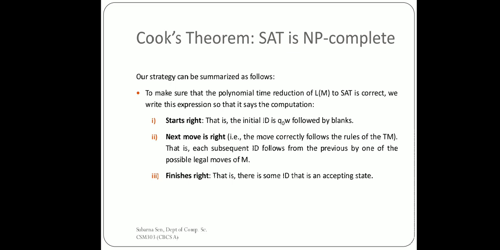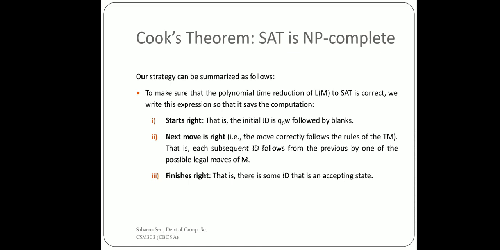Each subsequent ID follows from the previous one by one of the possible legal moves of M. So from the starting state q0, the next move will be correct if it is a legal move of M, and we keep following the legal moves of M. The next move should be the legal move that a Turing machine allows.